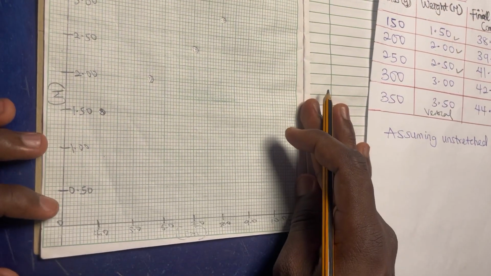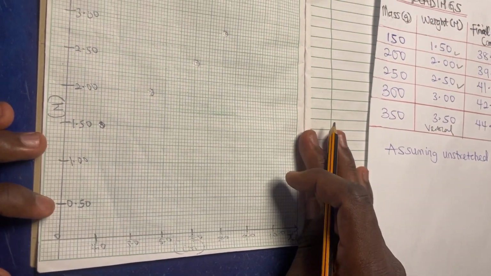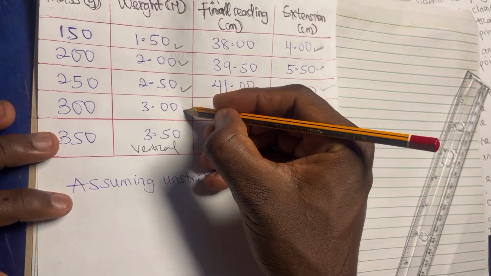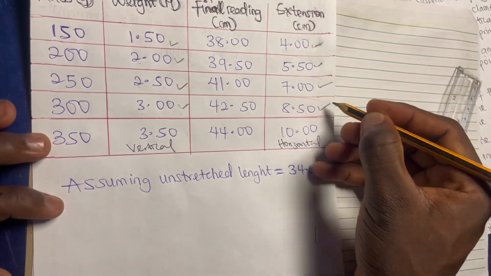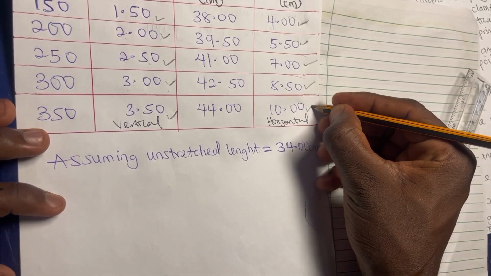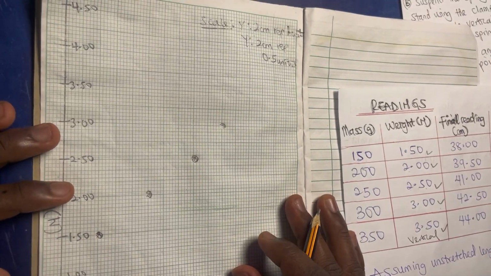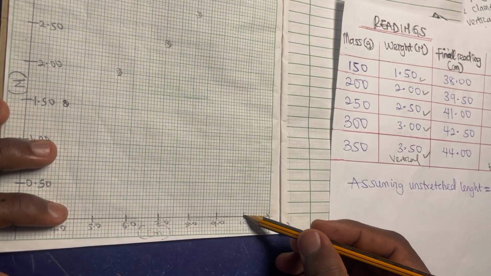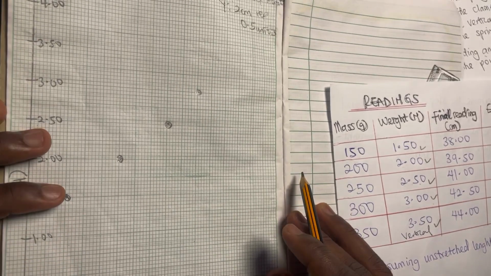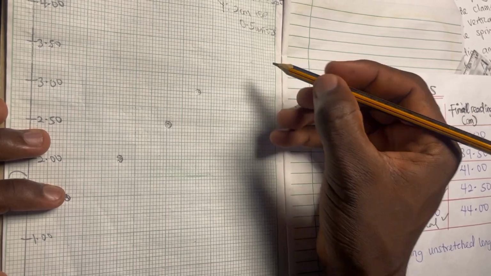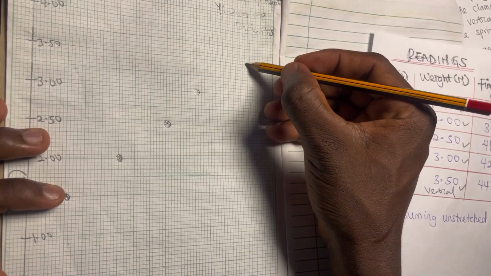Okay, as you can see, it's 8.5 to 3.0. The last one is 3.50 to 10.00. So 3.50 is here and 10.00 is here. So this is going to land here like this.